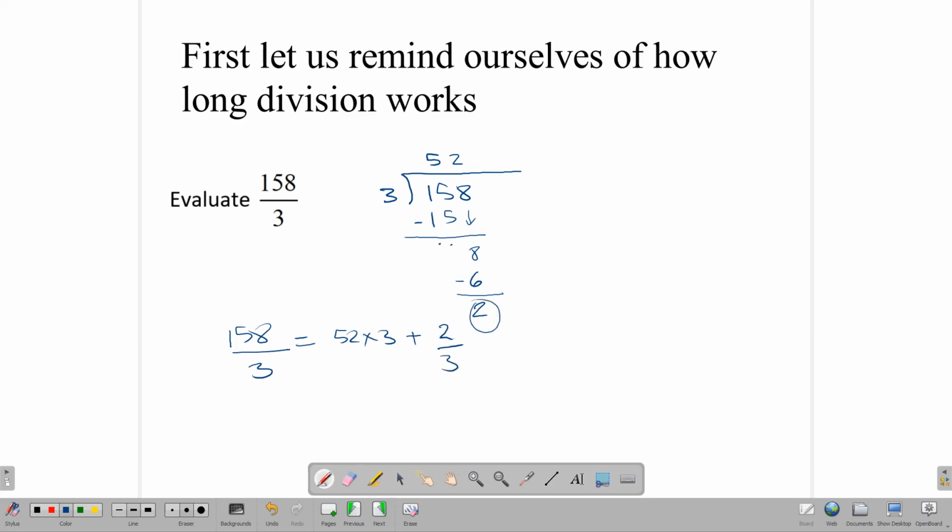This number here is our remainder. Very important. This is our quotient. And this here, of course, is our divisor. So 158 divided by 3 can be written as 52 times 3 plus 2 over 3, and that would give us 158 over 3.